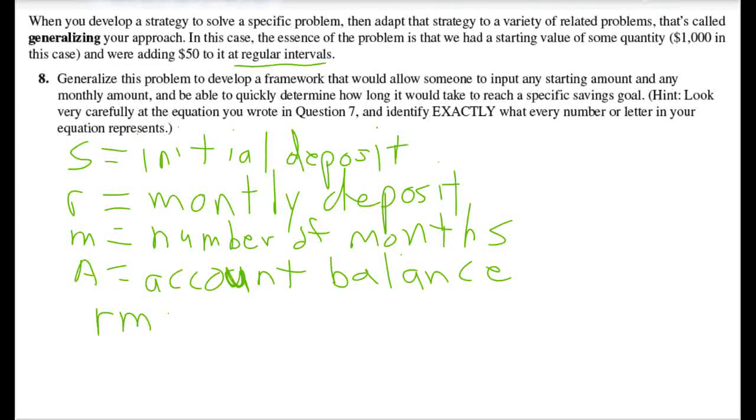Just like I added the $1,000 before, I'm going to add the initial deposit. So R times M plus S. And that's going to give me the account balance. Okay. So I've identified exactly what each letter represents, and I've written the equation in general terms.